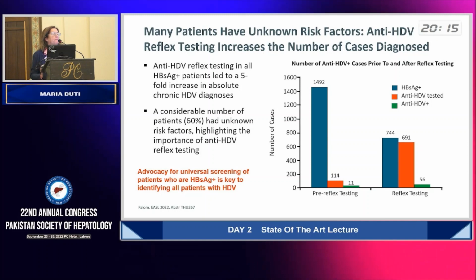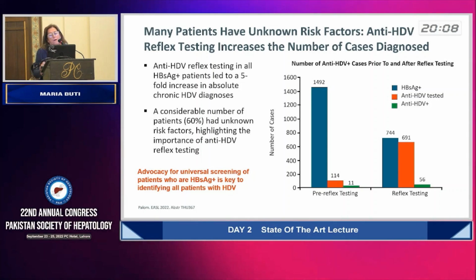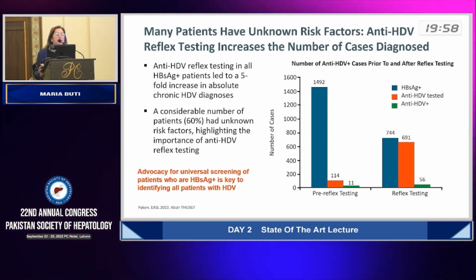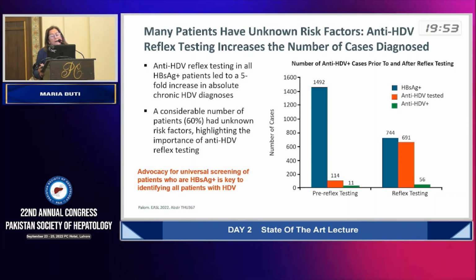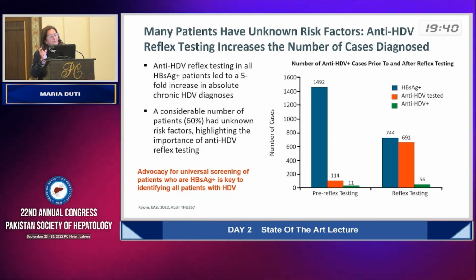And these are data from my hospital. In my hospital, usually we screen patients on risk factors, but last year we introduced reflex testing for delta. That means that all HBs antigen positive people were tested for delta. And we found that reflex testing increased the absolute number of patients diagnosed with chronic hepatitis delta, but not only increased the numbers.